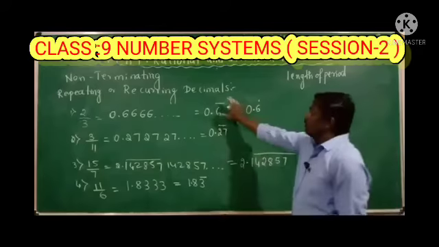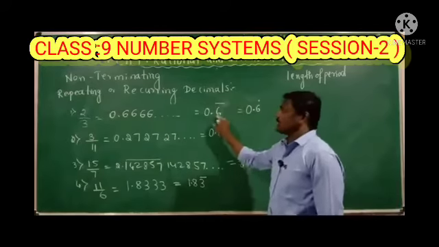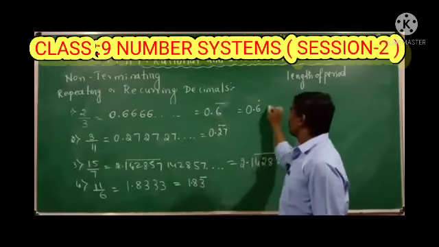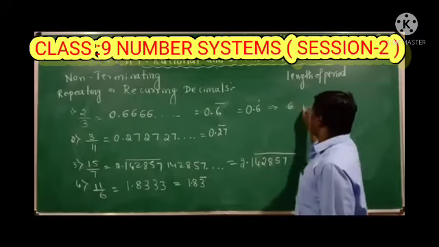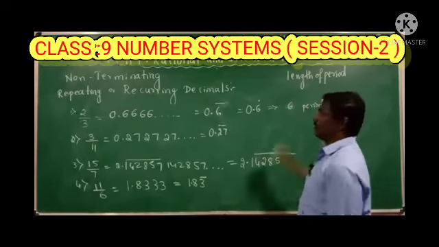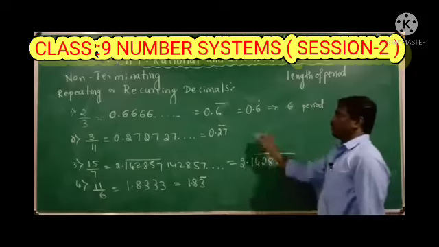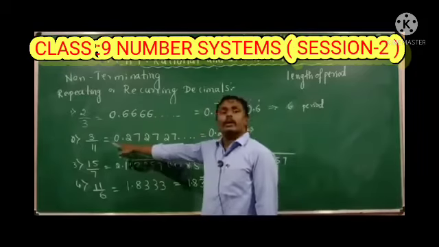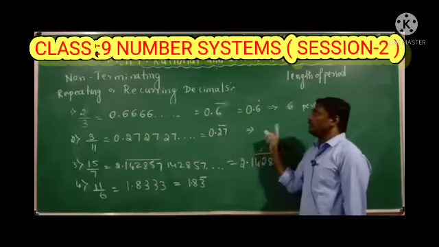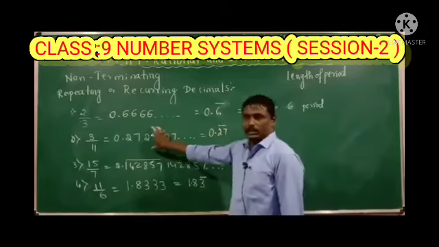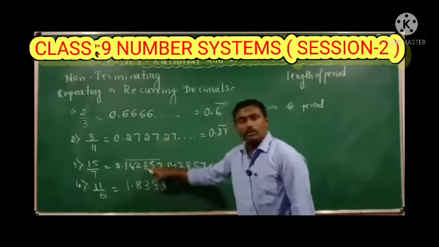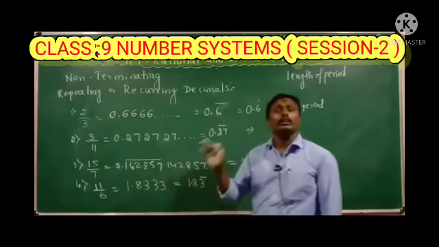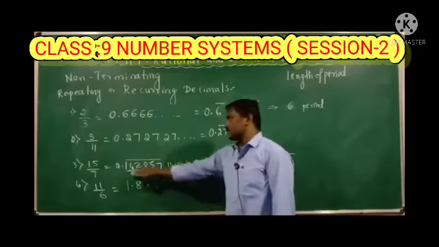So here 6 is the period of the decimal expansion. In that, 2 and 7 are the period. In the third one, 142857 are the recurring decimals.